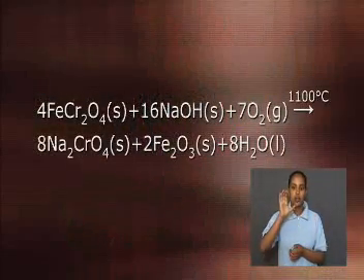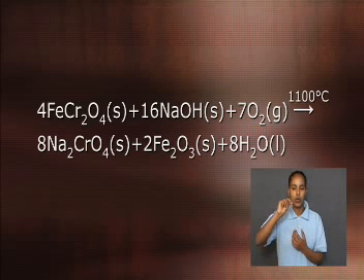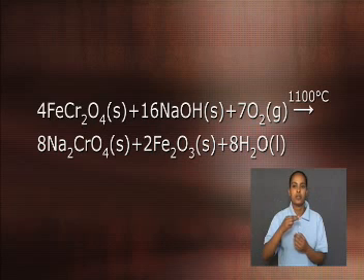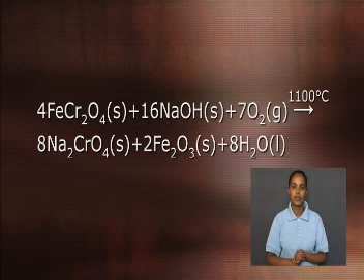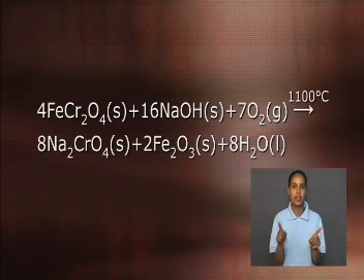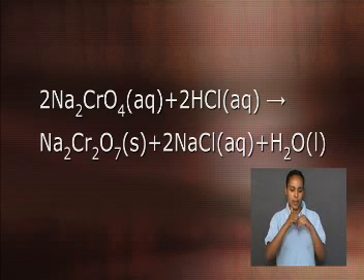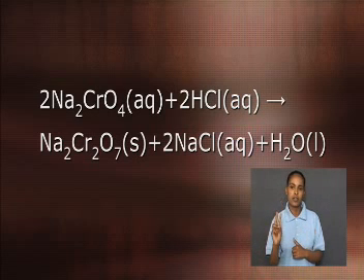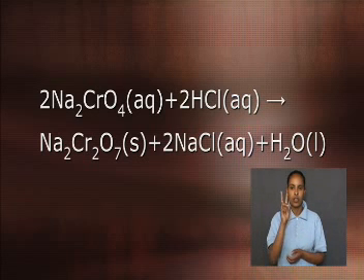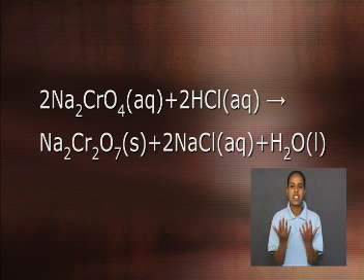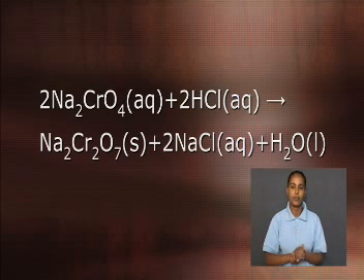Chromite is fused with sodium hydroxide in air, and chromium-3 is oxidized to chromium-6. Ferric oxide cannot dissolve in water, but sodium chromate can. Therefore, the sodium chromate is separated from ferric oxide by dissolving it with water. The two are separated by decantation or filtration.